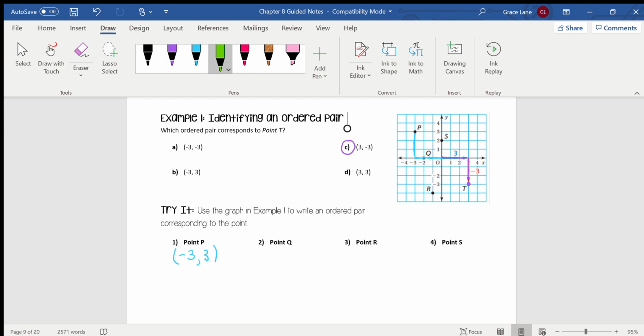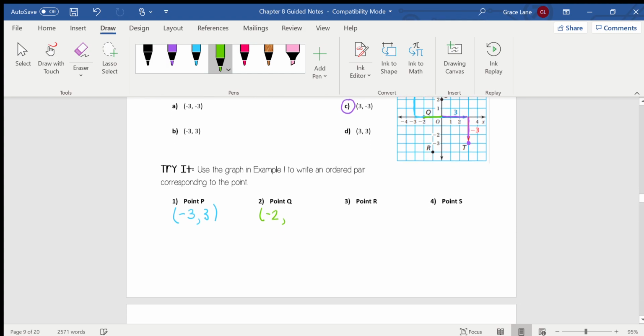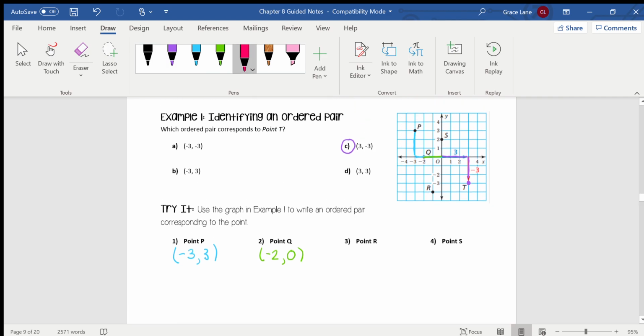Point Q, we went over to -2, and we did not go up at all, so we represent that with a 0. Point R, we went over -1 and down to -4.